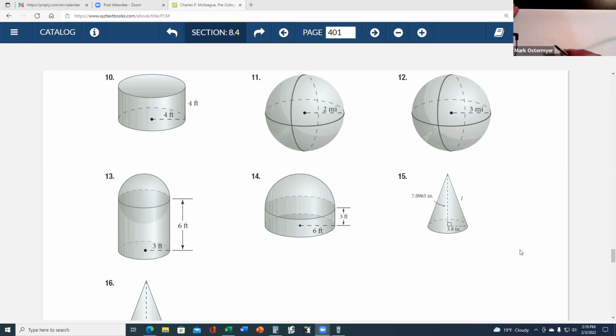So first you'd have to find the volume of the cylinder. And the volume of the cylinder is going to be pi times the radius squared times the height. And then you have to find the volume of this hemisphere, which is half the volume of a sphere.